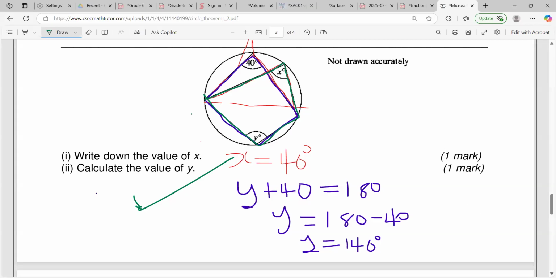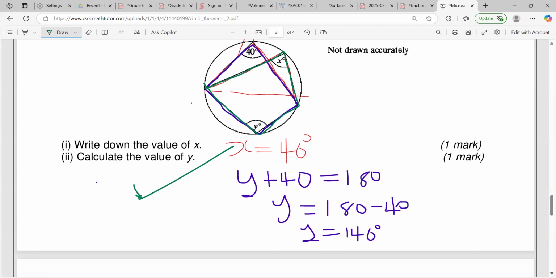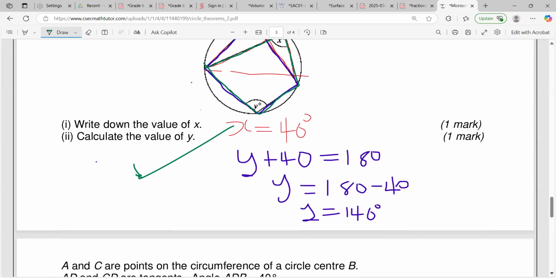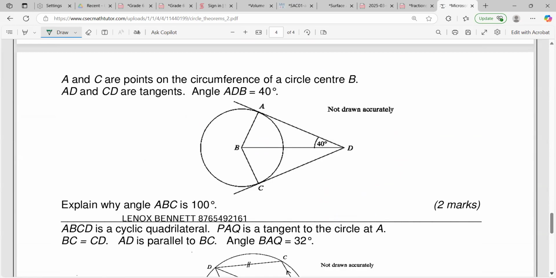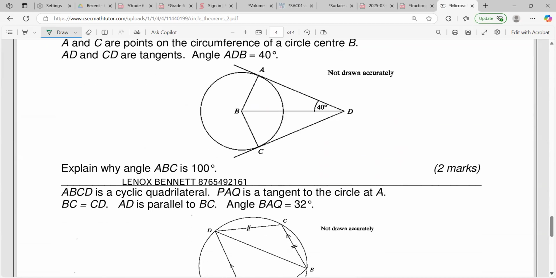Once you know angles in the same segment, the alternate segment theorem, angles of a triangle equal 180, isosceles triangle base angles equal, cyclic quadrilateral, and the angle between tangent and radius. Once you know the rules, you can find many ways to get the answer. I think I worked this one on my channel today. This one.